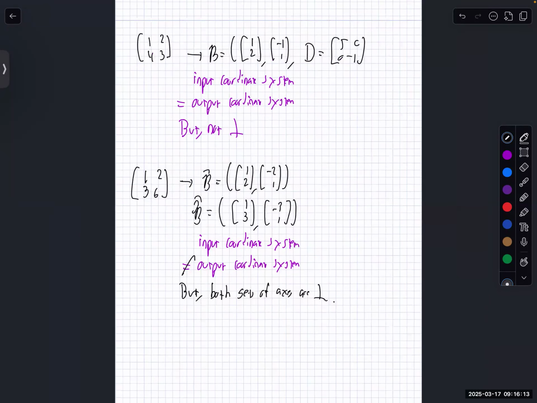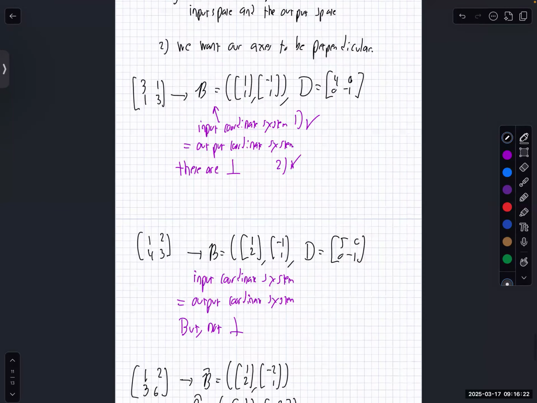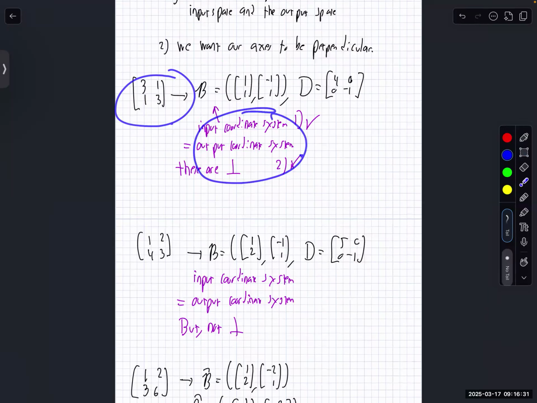Okay, so this is what we're going to be doing for the last several lectures in the class. We're going to come back to this. Sometimes the matrix you get is going to be nice enough so that you get both of these at the same time.